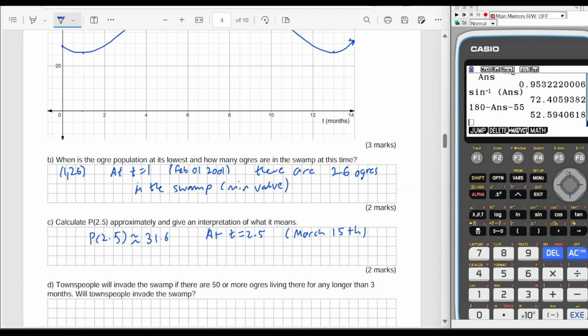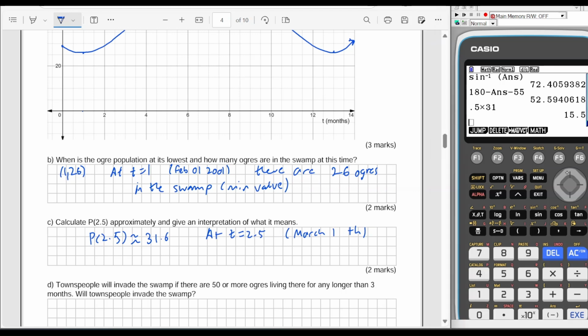January is 0, February is 1, March is 2. And then you can go 0.5 times 31, there's 31 days in March. So technically that's March 16th. At t equals 2.5, so that's March 16th, there are 31.6, so about 32 ogres in the swamp.